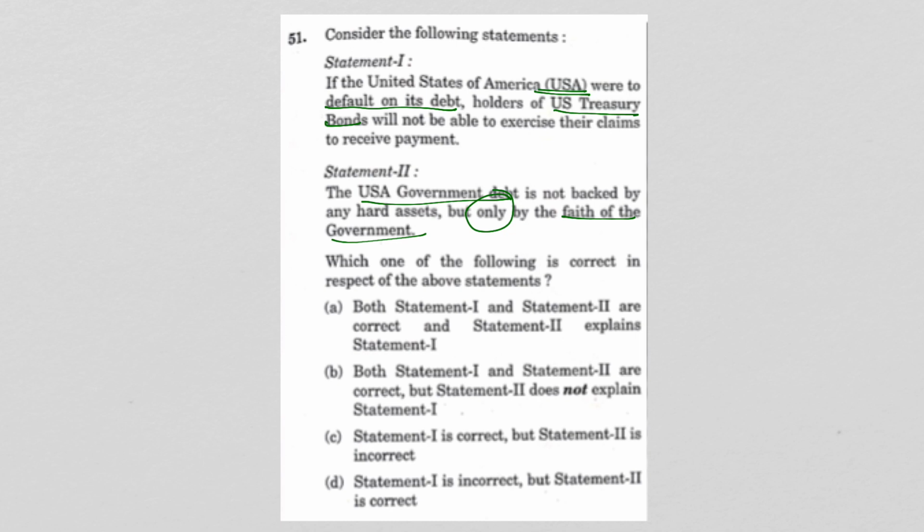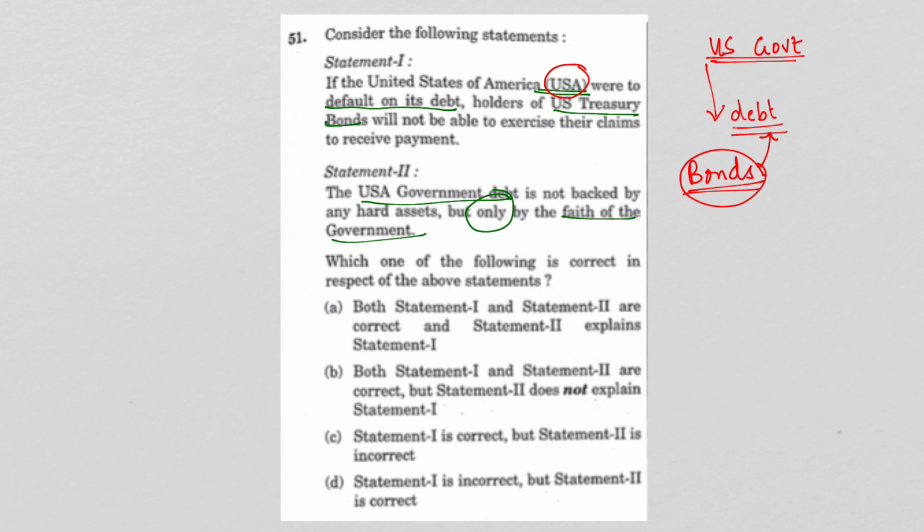I'll explain why. See, first statement says that if the US government makes a default on its debt. Debt means borrowings. The holders of US Treasury bonds will not be able to exercise their claims to receive payment. Now see, we know that bonds are debt instruments, right?